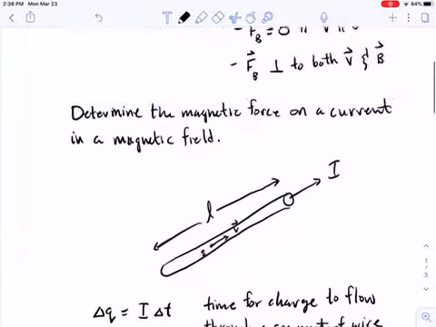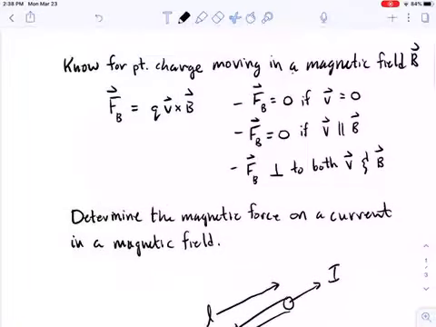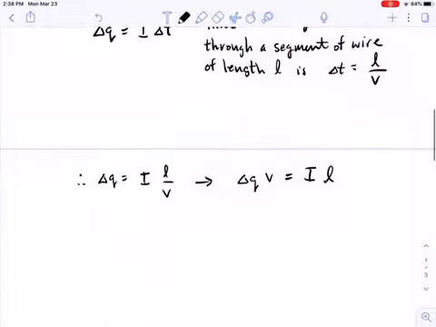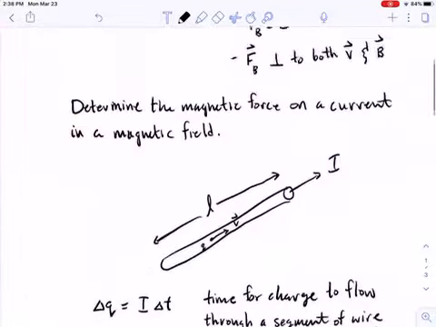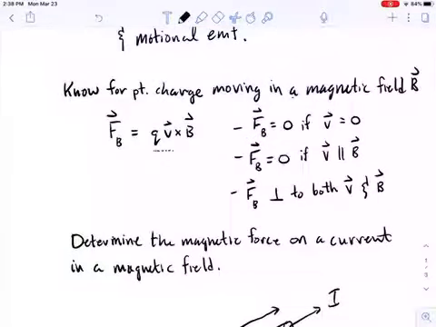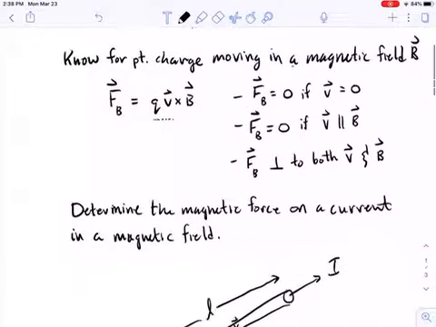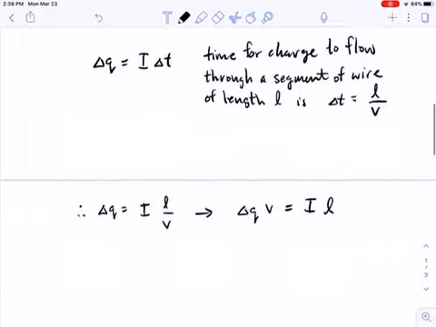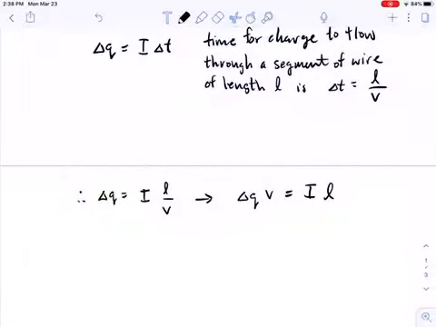If we look at our force for a point charge, it contains this charge times velocity. And so we've calculated something like that. Charge times speed is I times L. In order to evaluate a cross product for the magnetic force, we need to express this delta Q times speed as a delta Q times velocity.